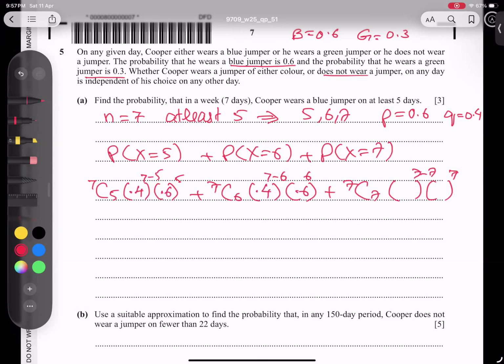First is Q, then P always. This is the order we follow. When we type this in the calculator, students, the answer after rounding is 0.420.